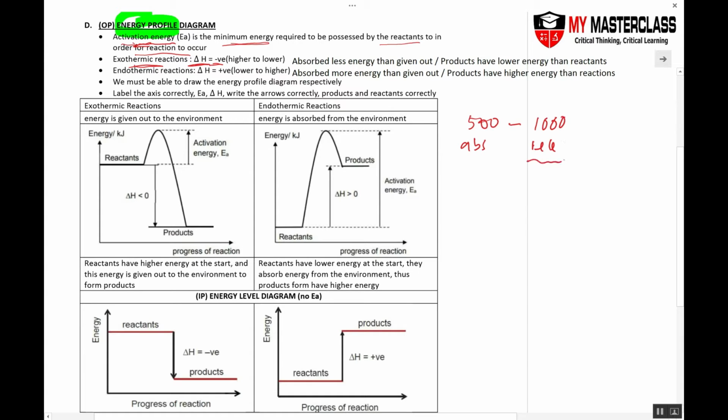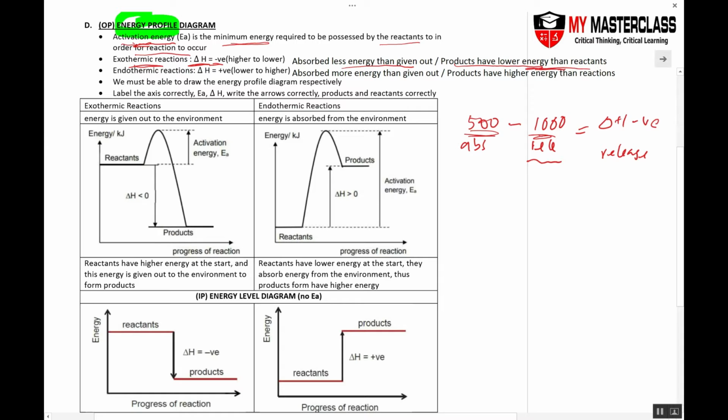So release must be big, then my overall energy is released, which is delta H is a negative value. Okay, so absorb less energy than given out, like I tell you, less energy than given out. So products will have lower energy than reactants.